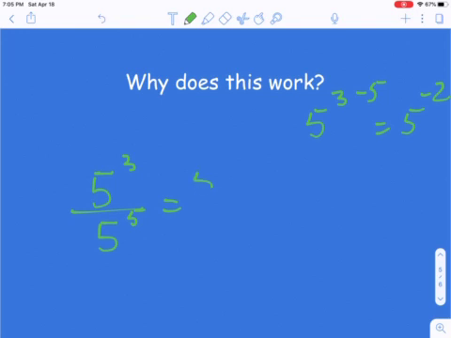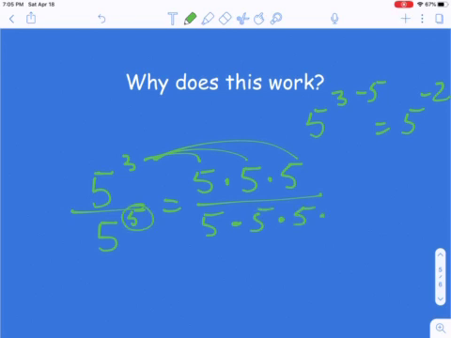So let's expand this. You notice how I always go back to expanding everything, right? So write this as 5 times 5 times 5 because there's 3 of them. Then for the bottom one, I'm going to write out 5 of them because that's how many factors we have. And then we're going to group them, like we've done a lot in the past, into single groups that we know are going to basically turn into 1 or cancel out.